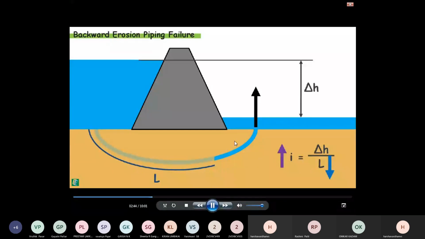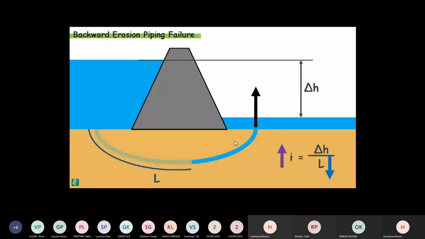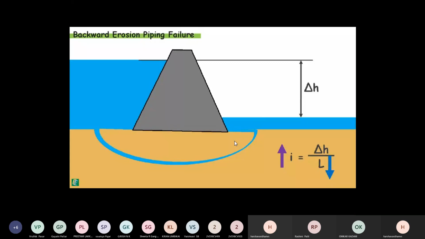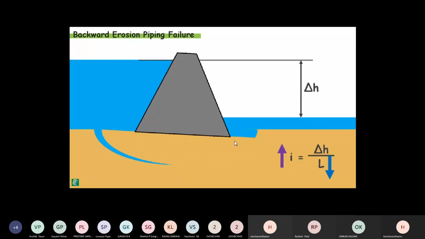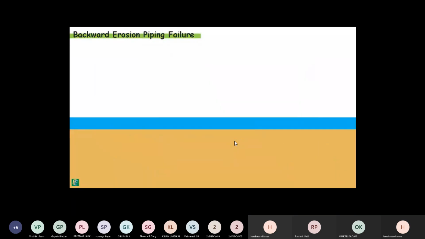So the length keeps decreasing. This decrease in length leads to increase in hydraulic gradient, and this hydraulic gradient further leads to more piping. After the complete piping, the soil is going to settle, and whatever structure lies above the soil also fails.